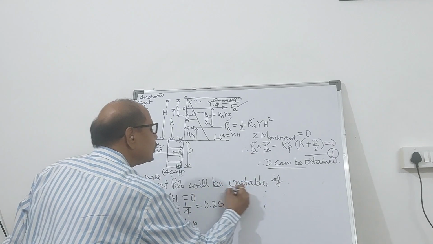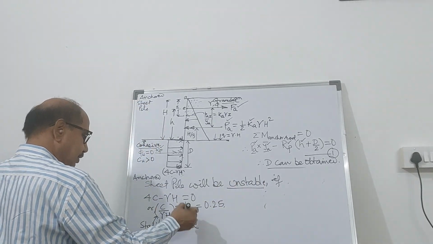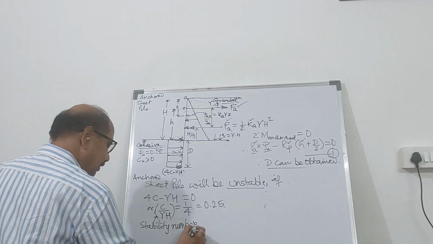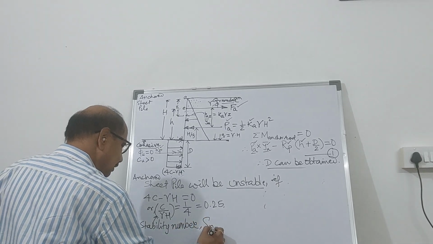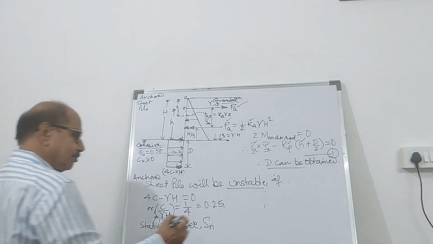So it is going to be unstable if the value of stability number Sn equals 0.25.